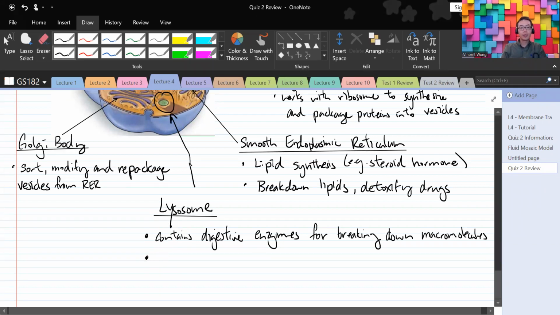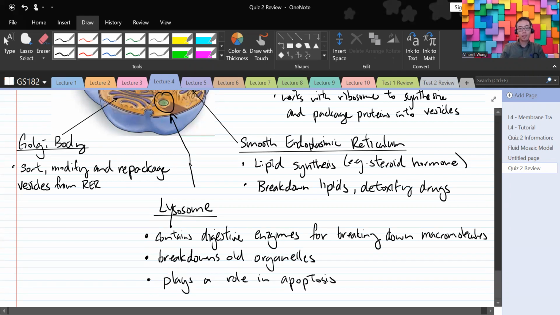Lysosome can also break down old organelles. It also plays a role in apoptosis, which is programmed cell death.